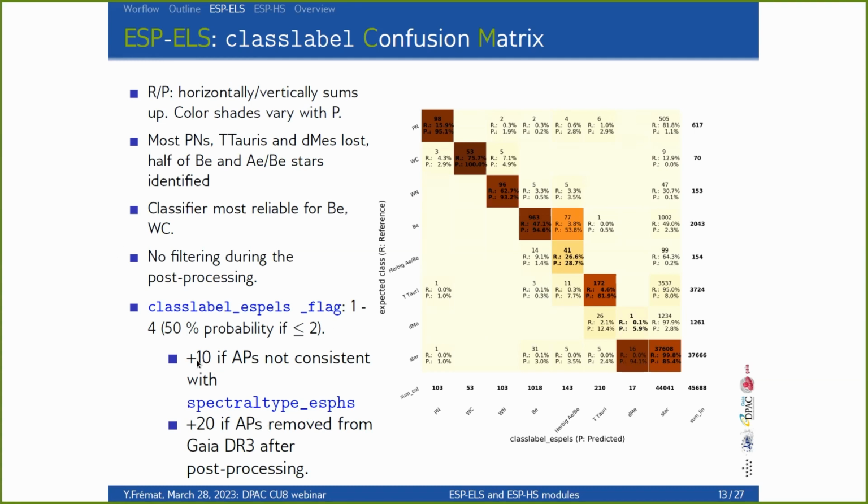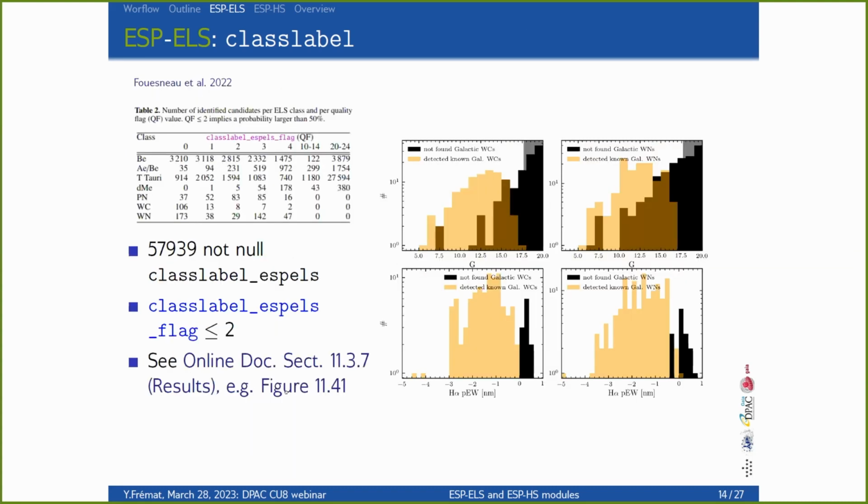And we took into account, for example, the fact that in some cases the astrophysical parameters of GSP-FOT might be less accurate, or that the astrophysical parameters provided and used for the classification are not consistent with the spectral type tagging.